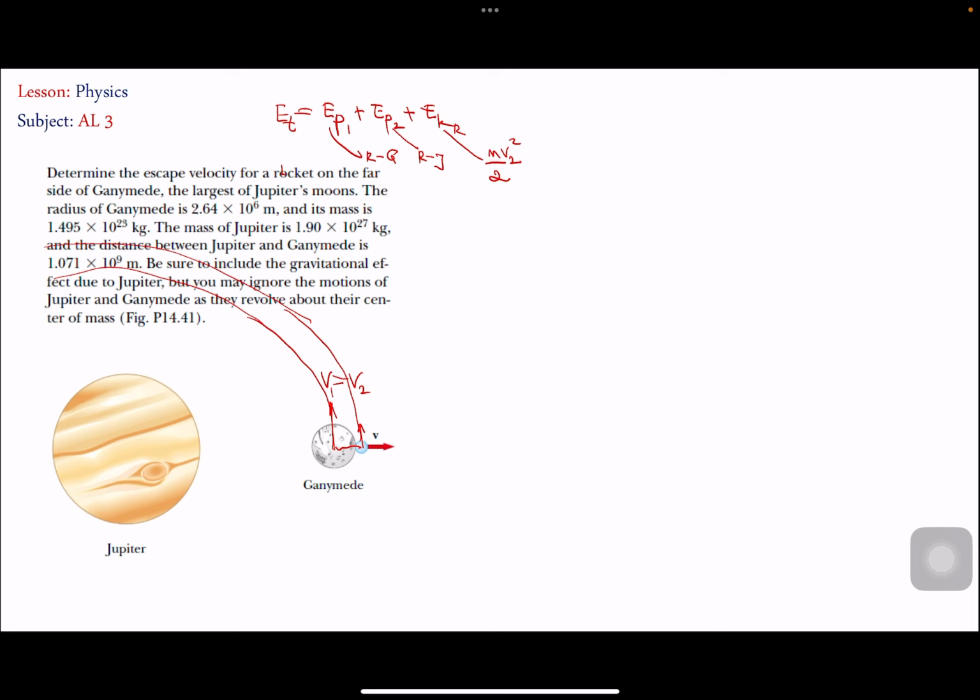And this total energy, you have to equalize with the escape energy, or escape kinetic energy, to find the escape of this rocket. So when you calculate the total energy, you have to equalize it with the kinetic energy of the rocket, so you'll get the right answer. Thank you. Let's call it today, but let me write a summary.